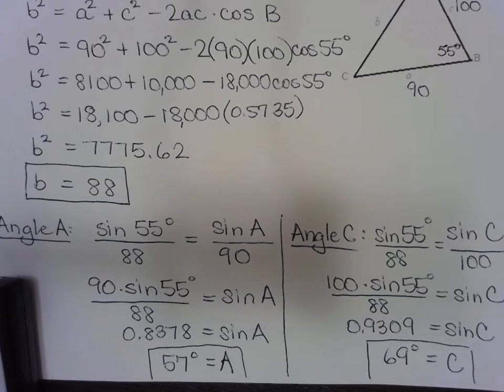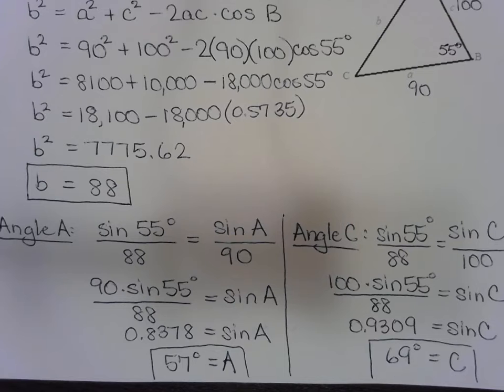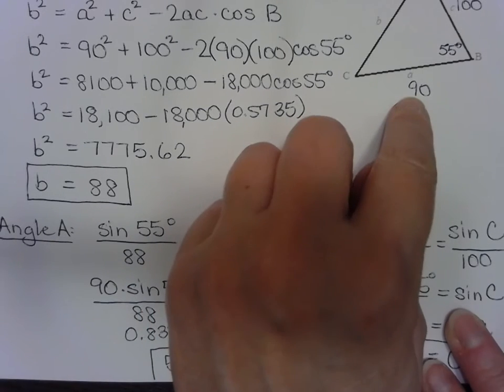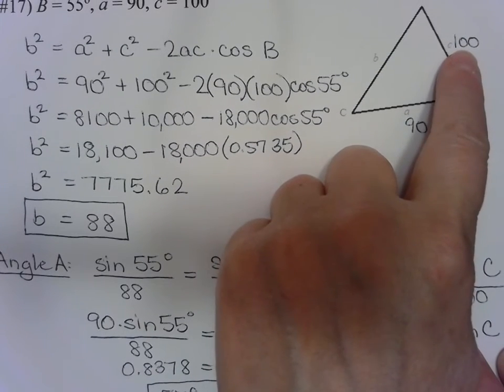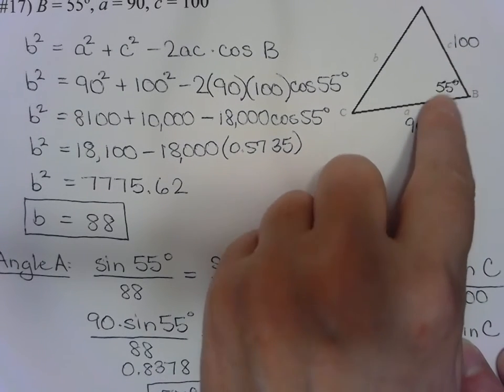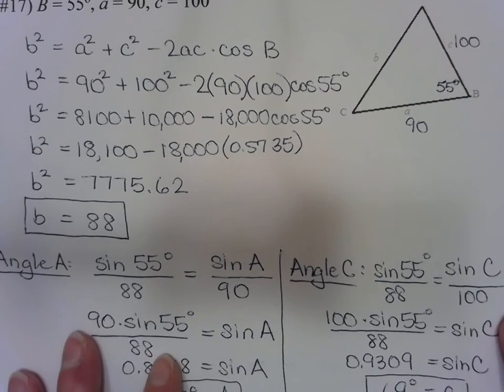All right. So there you have it. Anytime we have this side angle side, where the angle is in between the two sides, that's a good opportunity to use the law of cosines.